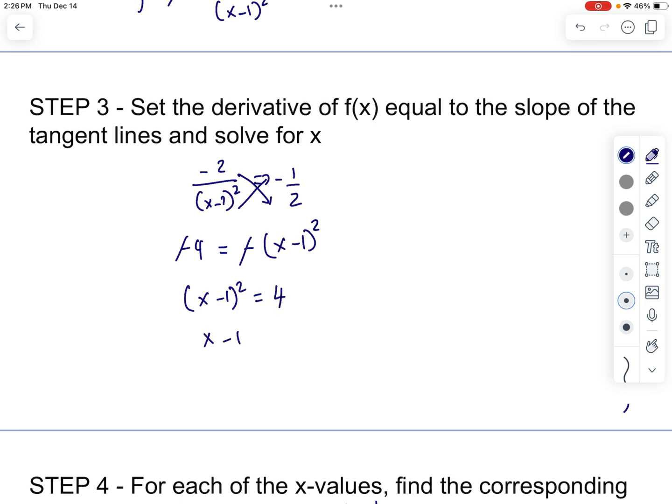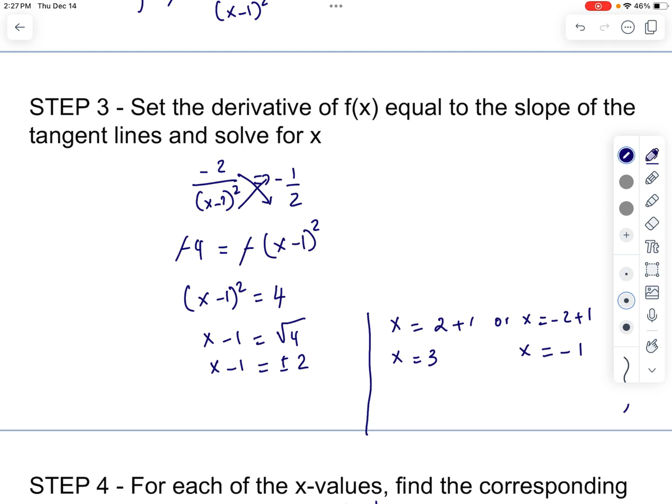Solving for x now, we have x - 1 = the square root of 4, so x - 1 = plus or minus 2. So we have two values here for x: x = 2 + 1, or x = 3, or x = -2 + 1, or x = -1. So we have two values for x, either 3 or -1.